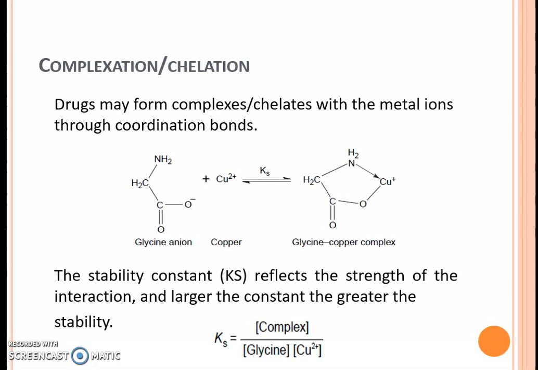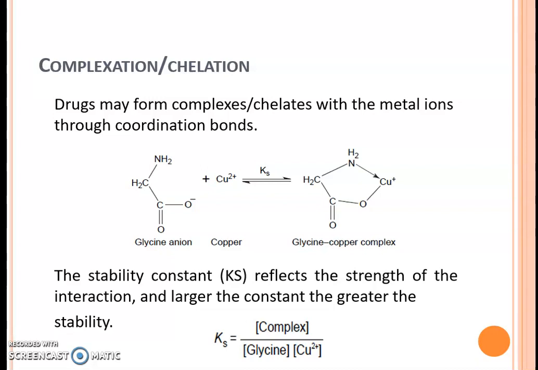Next property is complexation or chelation. Drugs may form complex or chelates with the metal ions through coordination bonds. You can see the cyclic complexes. Glycine ion plus copper can form glycine copper complex. This is known as complex.